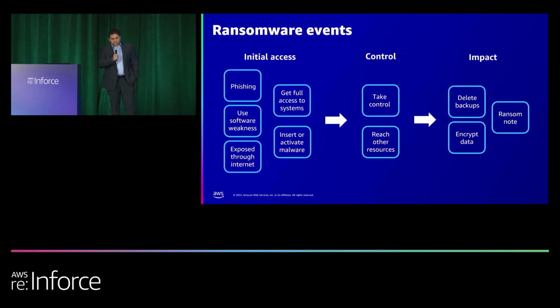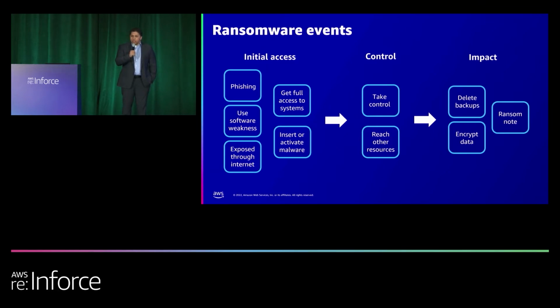So typically, for a ransomware event to occur, it comes in through points which are not secure. It could be phishing, it could be weak software systems, it could be exposed through internet, where privileges are provided more than what is required to run an application, and taking stock of the users who can run the application.